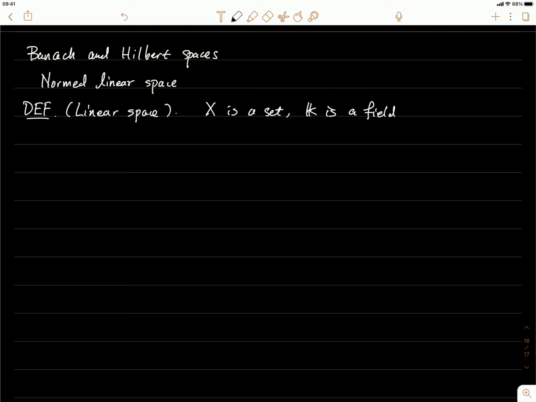We specifically only consider the set of real numbers or the set of complex numbers, so K is either R or C. We rarely use C here, but on some occasions we talk about things in a more general setting, so we consider the field to be complex as well. But in most cases in this course, we only work on real spaces. Okay, so we have a set and we have a field.